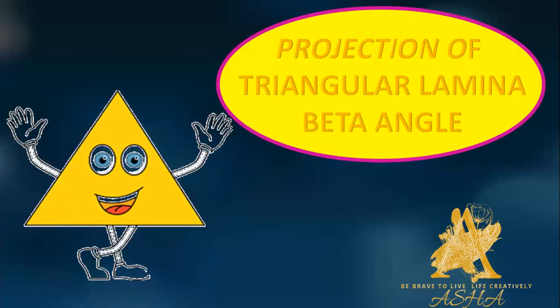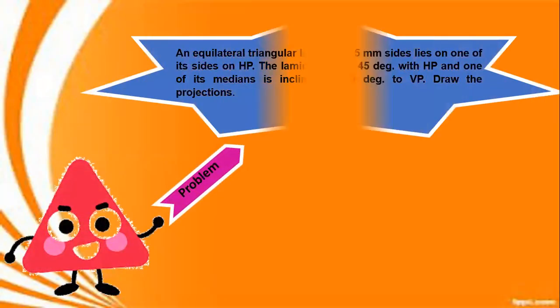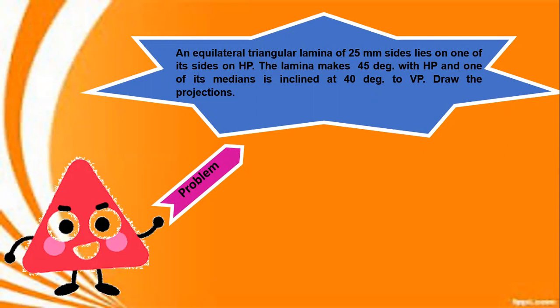Today I will be discussing the projection of triangular lamina in a beta angle problem. The problem goes like this: an equilateral triangular lamina of 25 sides lies on one of its sides on HP.